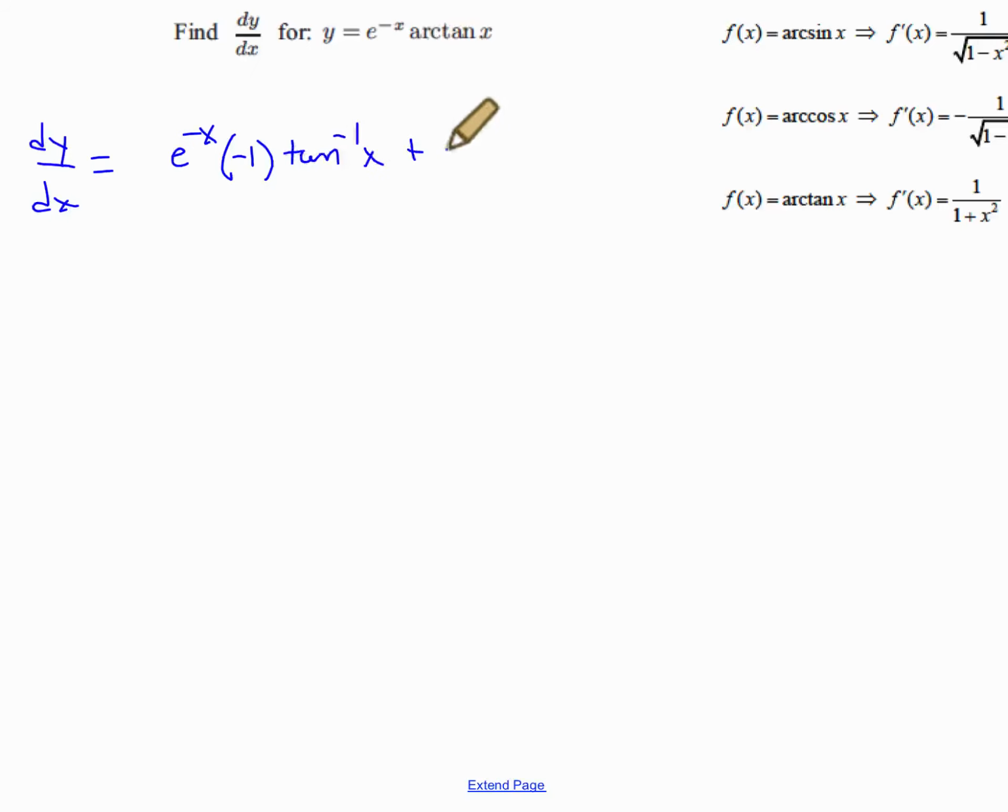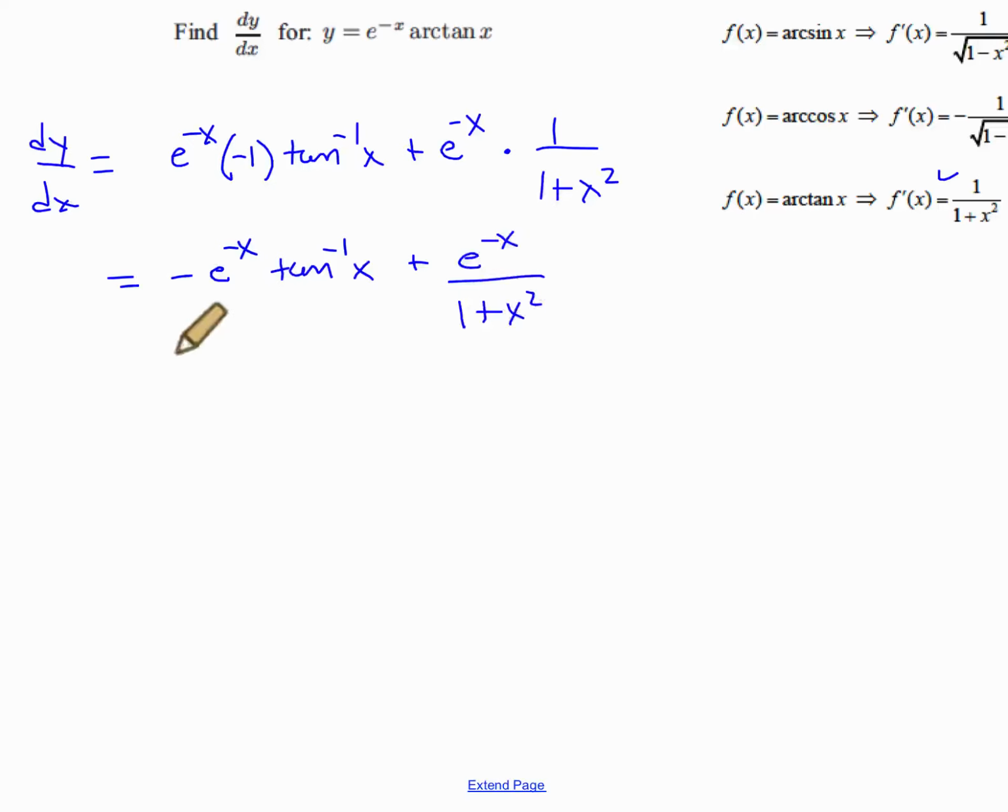Plus the first term, e to the negative x, multiplied by the derivative of arctan, which is 1 over 1 plus x squared. So we clean this up a bit and multiply through. So negative e to the negative x tan negative 1 x, plus e to the negative x over 1 plus x squared.